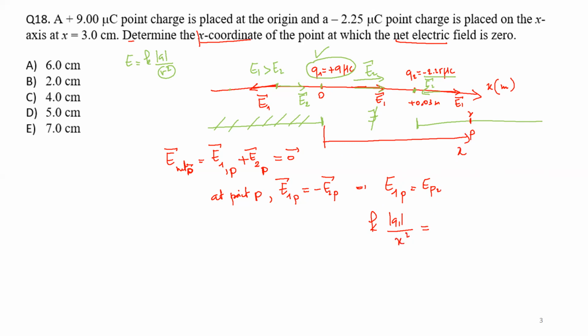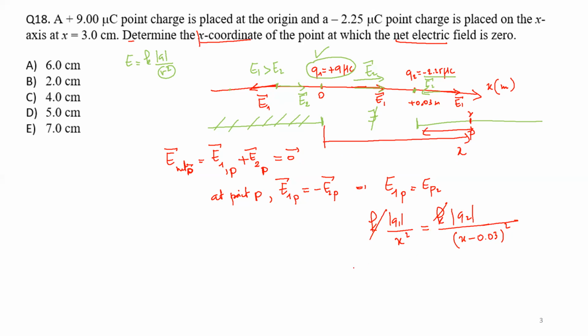This should be equal to the electric field created by charge 2, which is K, absolute value of Q2, divided by the distance between point P and charge 2. And that distance is just this. So basically it's (X minus 0.03) squared. So the K will simplify.